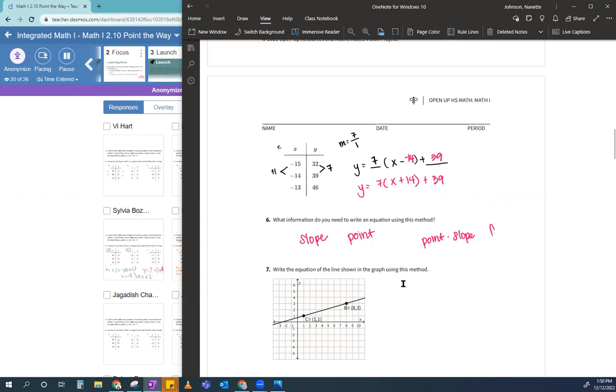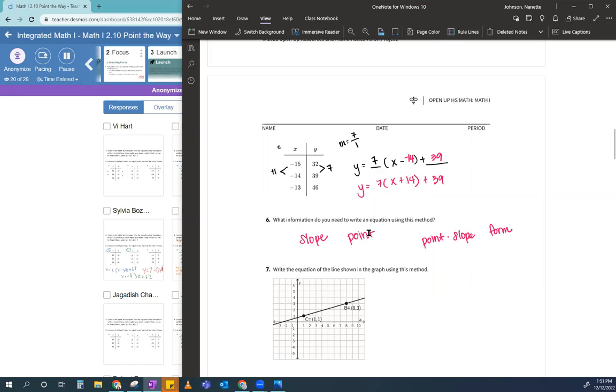Now you know why it's called the point slope form, because in order to build it, I would need the point and the slope. Or if they gave it to me, then I can pull off the point 14 or -14 comma 39 and the slope, right? Very good. Someone's like, it's called slope point formula, Miss Johnson, because the slope comes first.